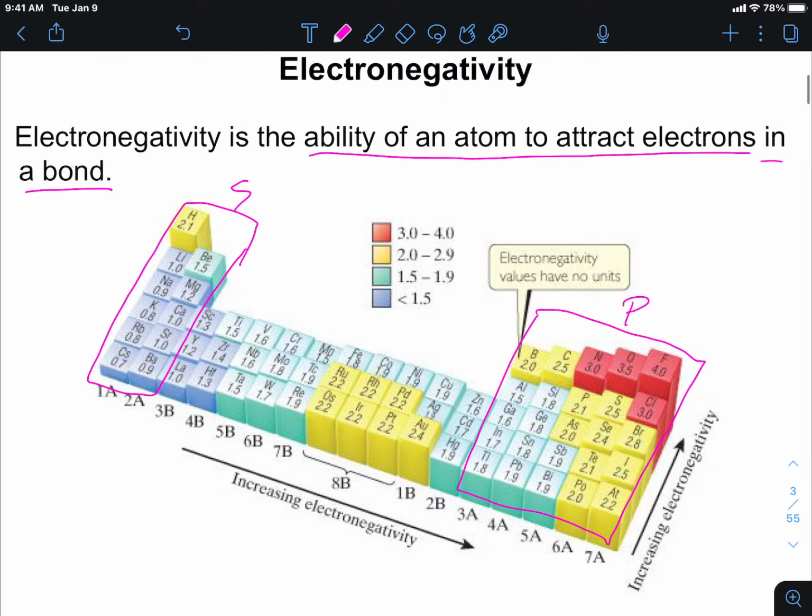As far as why this trend is, if we look at the definition, if we're talking about an atom's ability to attract electrons, you already know something about that. The previous trends from the last unit, what are we talking about? The ability to attract electrons. We gave it a different name. Yeah, effective nuclear charge, right?